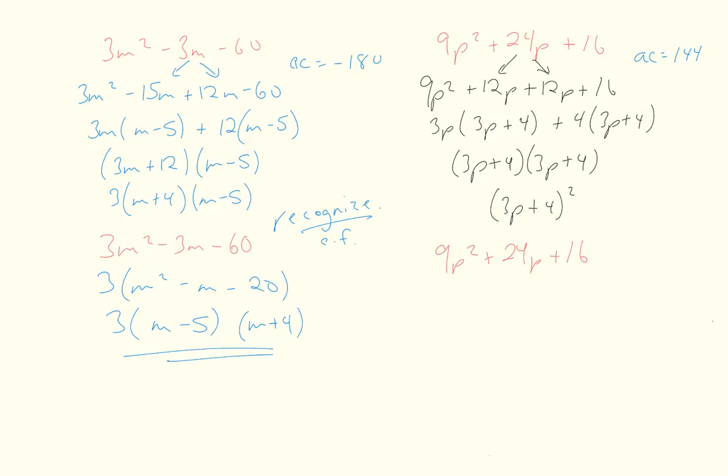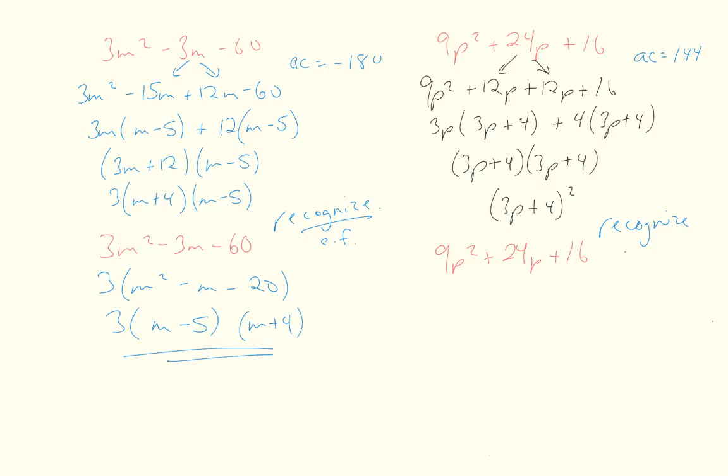Here on the other side, it took me a while to figure out what does 9 times 16 multiply to, and what are the things that multiply to it. Instead of this 2-minute problem, this is actually a 10-second problem if I recognize. What do I need to recognize in this one? I need to recognize that 9p squared is a square, 16 is a square.